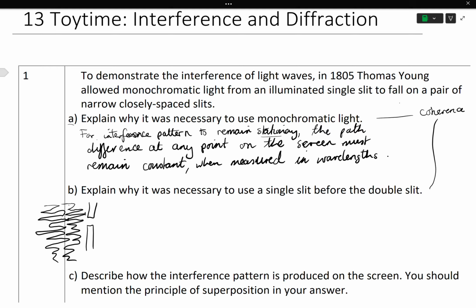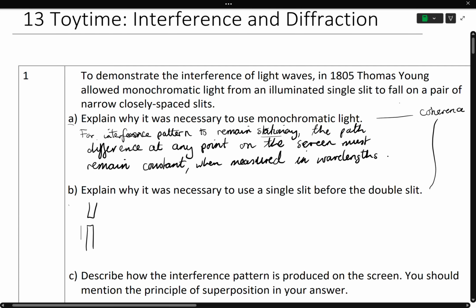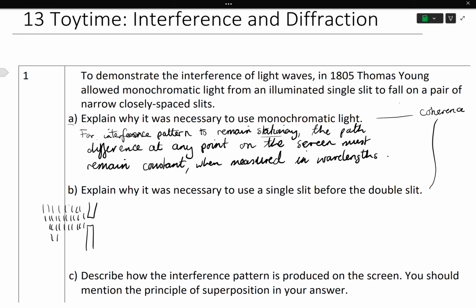These are parts of the same wave. We could almost picture them as entirely separate waves. You could picture a whole set of wave fronts coming here and then different ones, same wavelength but not lined up with the first lot here, here and here. And our single slit does this job of selecting a small part of the wave front so that we can say the waves coming out this side are spatially coherent.